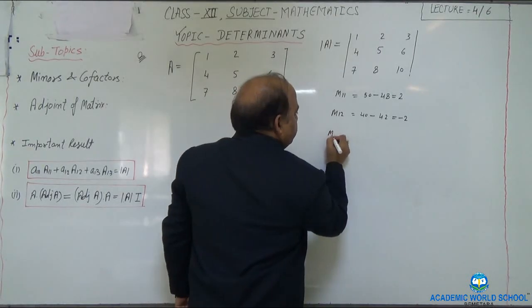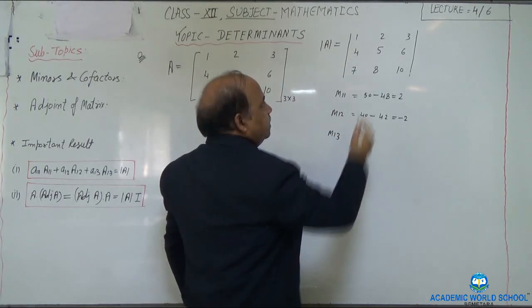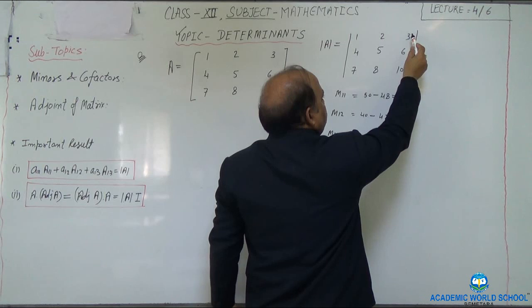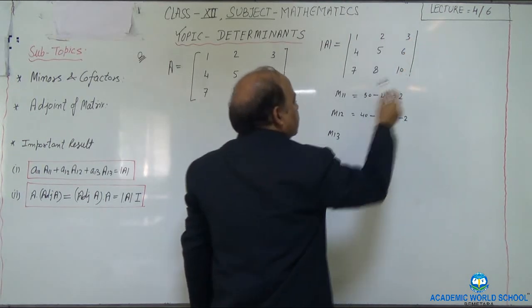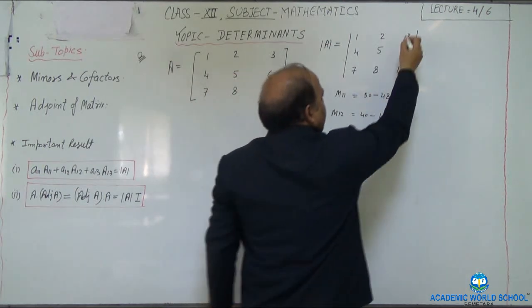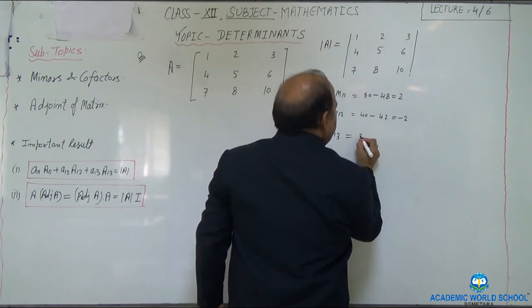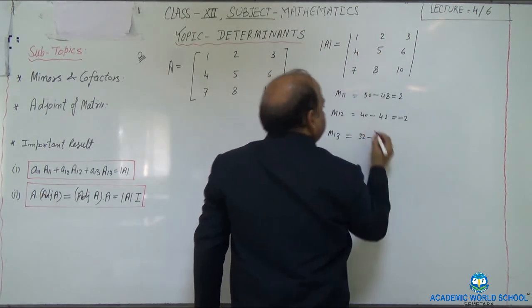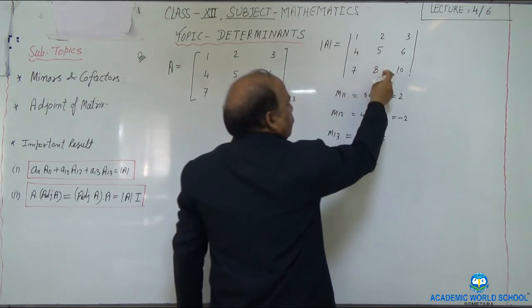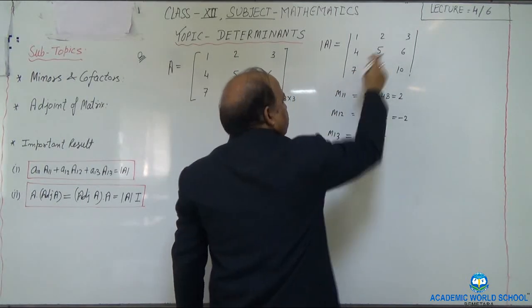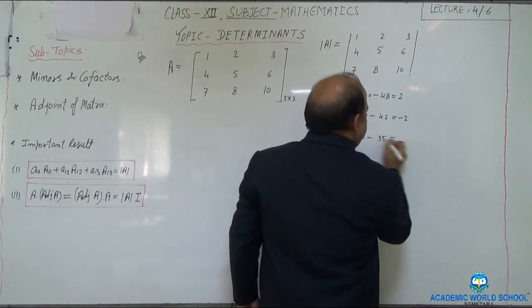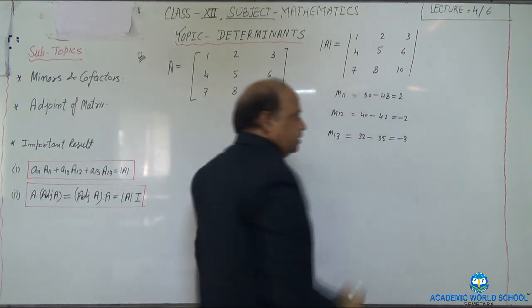Now find out the minor of 1, 3. 1, 3 means first row and then third column. If I leave this part, this part, it will become 32 minus 35. 8 times 4 is 32 minus 7 times 5 is 35. So you are left with minus 3.